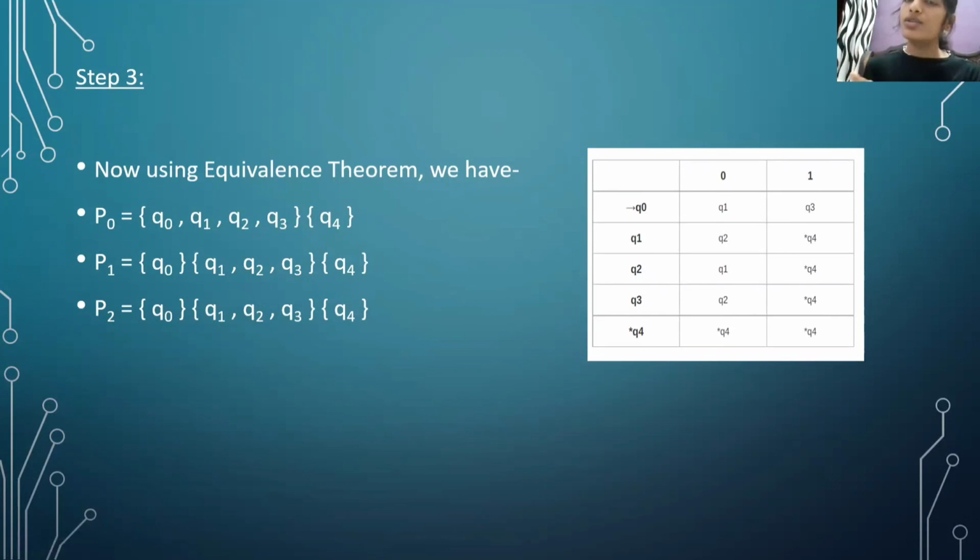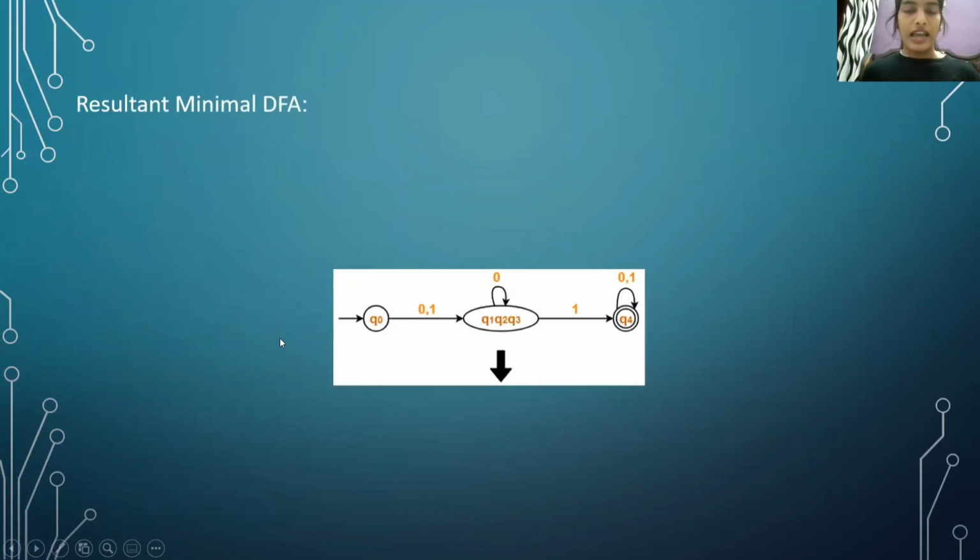Q2 reaches Q1 on input 0, Q3 reaches Q2 on input 0, and Q1 and Q2 are in the same set, so no partition. For input 1, Q2 reaches Q4 and Q3 reaches Q4, so no issues. There is no change in partition from P1 to P2. So these are our minimal states, and this is what our minimal DFA looks like. Thank you for watching.